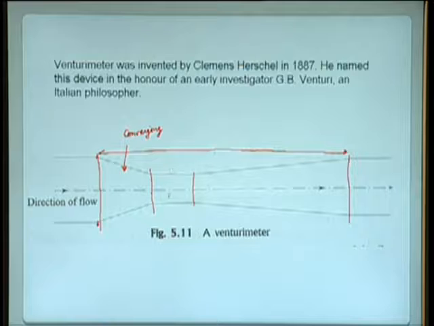and here we have a minimum area from this point to this point. This is known as throat, where we have a minimum area, and then we have another area where the area is continuously increasing on the downstream side. This is known as diverging portion.